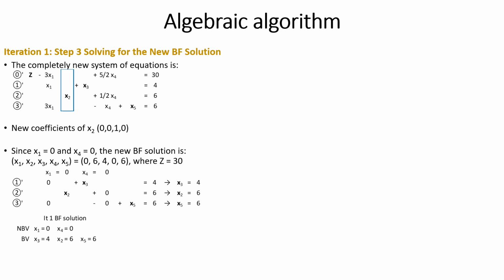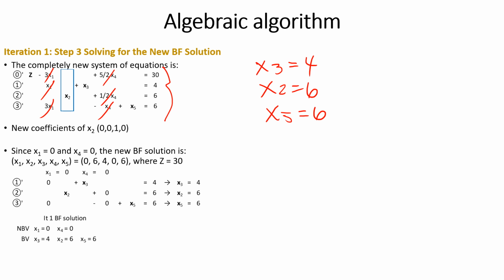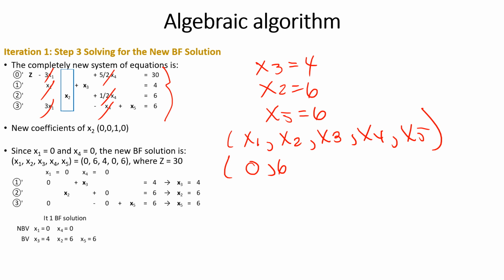Using the new system of equations, x1 and x4 are 0, so x3 is going to be equal to 4, x2 is going to be equal to 6, and x5 is going to be equal to 6. So we got x1, x2, x3, x4, and x5. Their values are going to be 0, 6, 4, 0, 6.